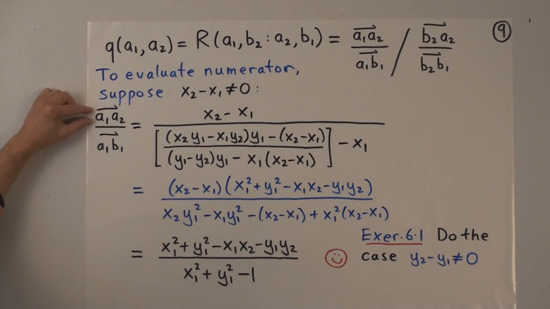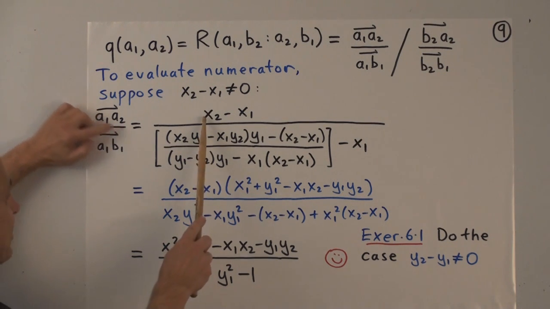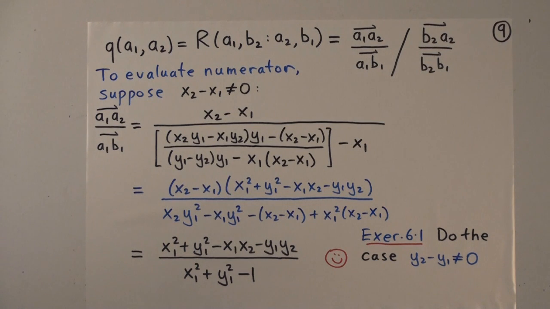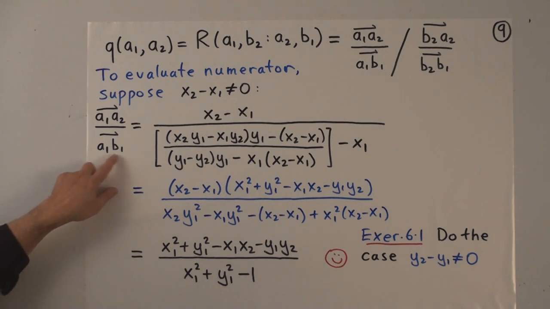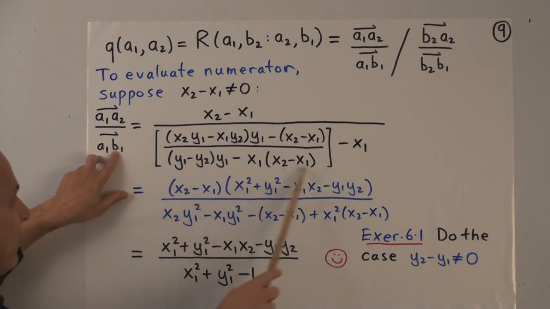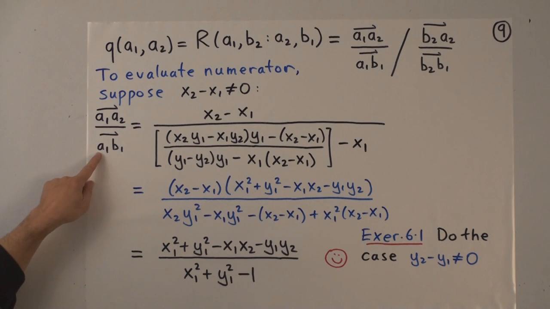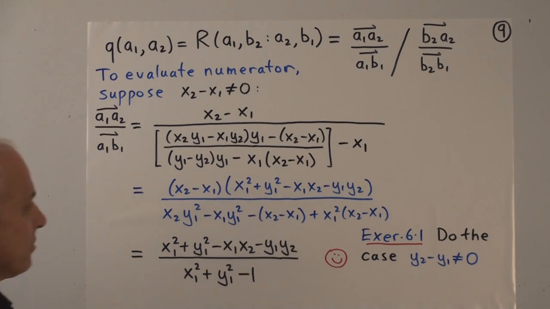So the x component of the vector A1 A2, it's going from A1 to A2, so it's the x component of this one minus the x component of this one. It's just x2 minus x1. The x component of this vector, well, it's the x component of B1, which from the previous page is that thing, minus the x component of A1, which is x1.